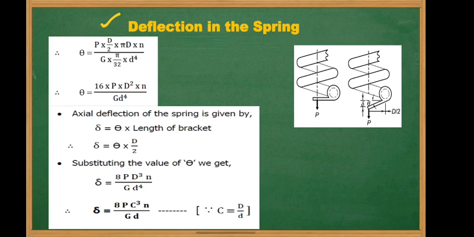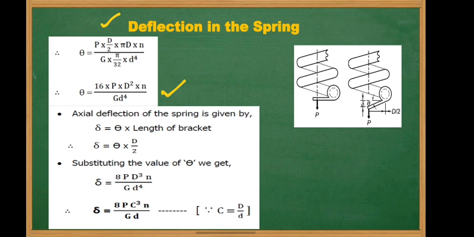Force is P and radius will be D by 2, and length is already calculated as pi D multiplied by N, upon G as it is, and J is pi by 32 d raised to 4. After solving the equation, we get theta is equal to 16 P D square N upon G d raised to 4.